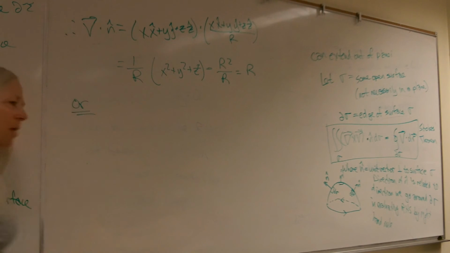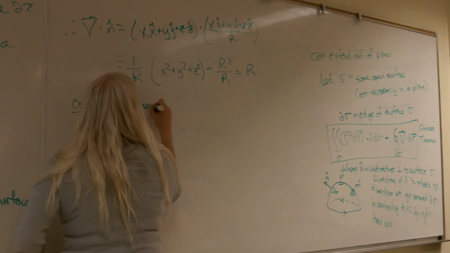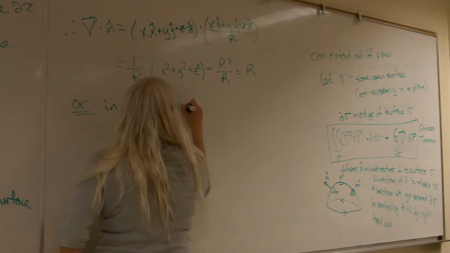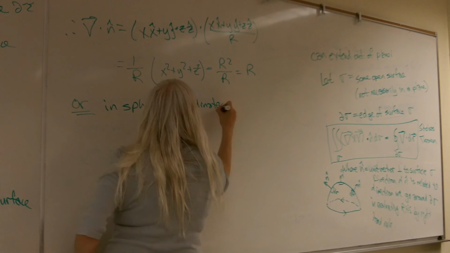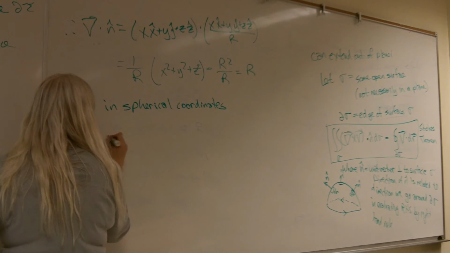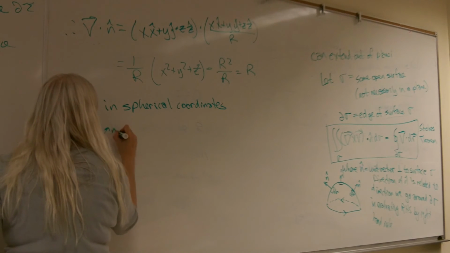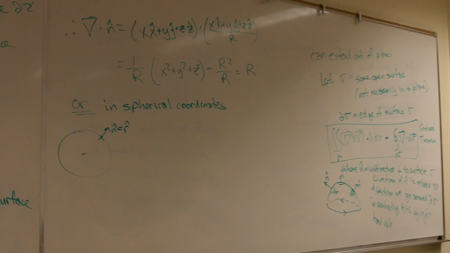Like I said, it would have been much easier to do this in spherical coordinates. In spherical coordinates, we've got our sphere centered at the origin. We're at this position on the outside. Our n hat vector that points like this is clearly just the same as the r hat vector.